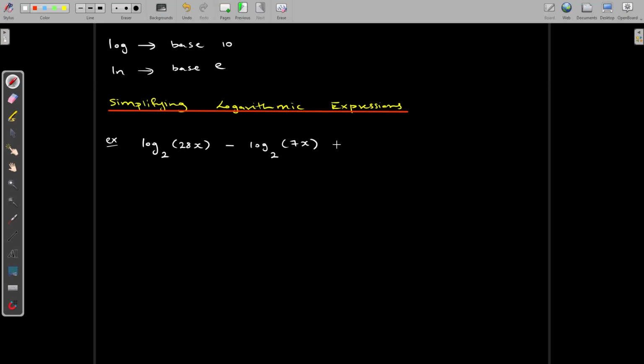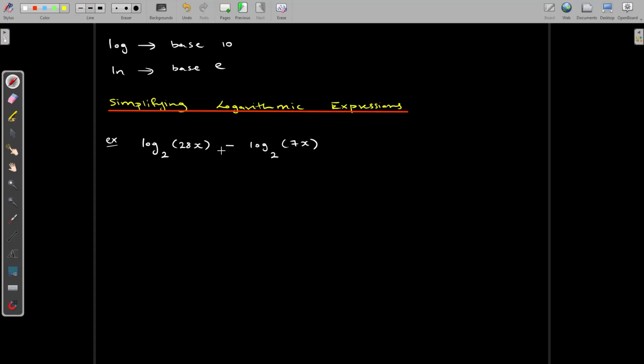of 7x. Alright, so somewhere in your books there is a theorem or a law that says whenever we're subtracting logs of the same base, we can treat this as division of whatever the number is here. Is that correct? Yes, sir.